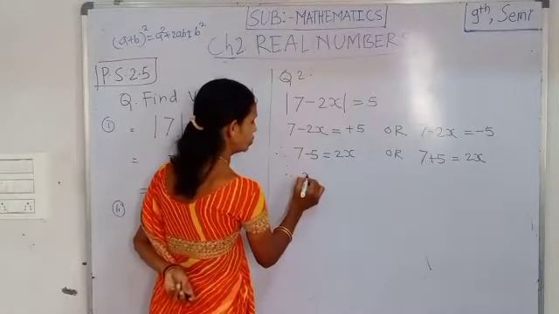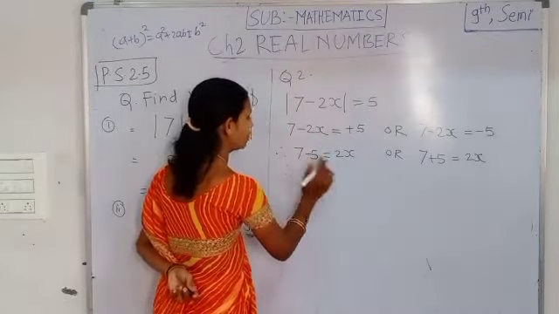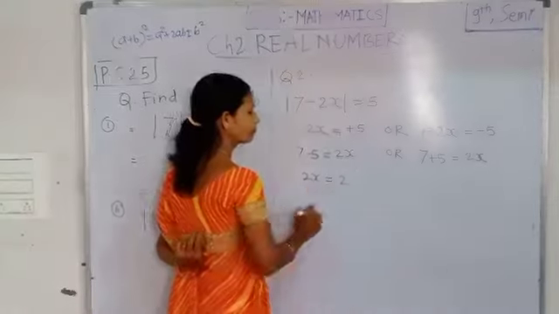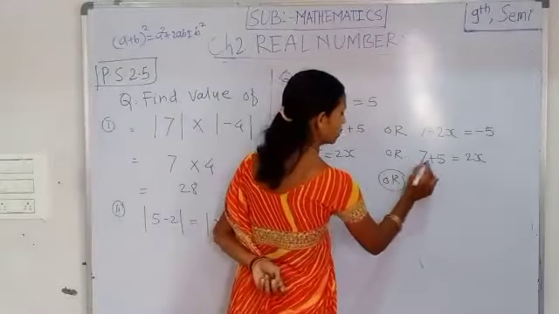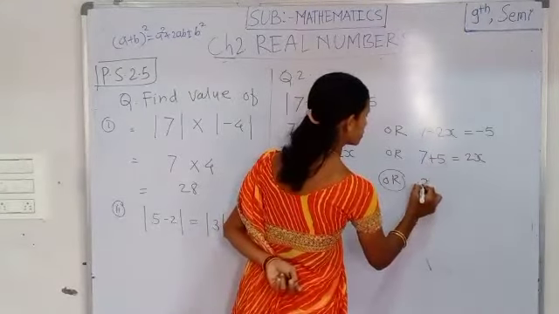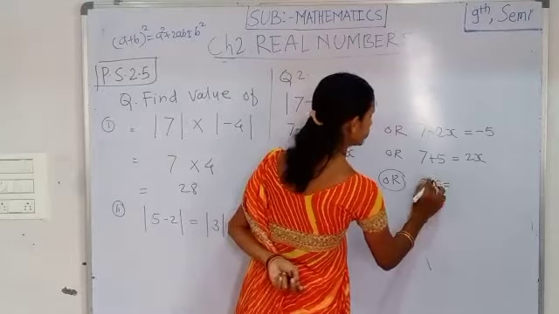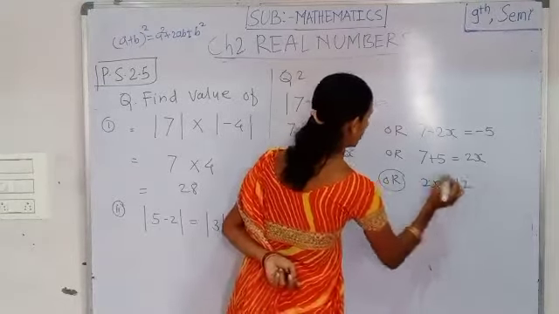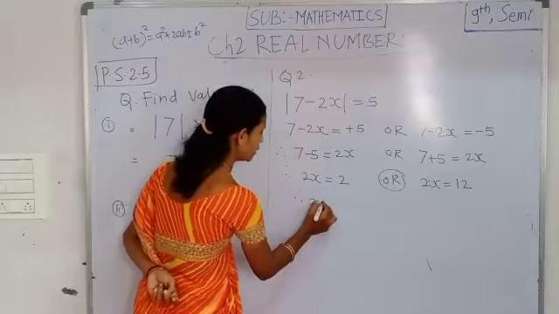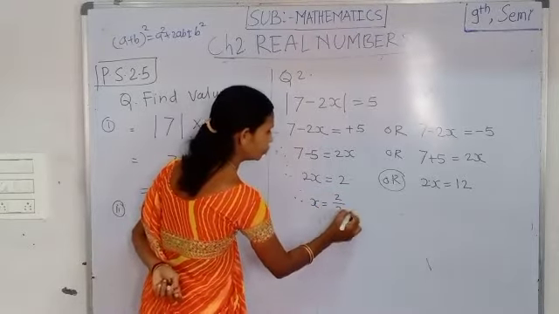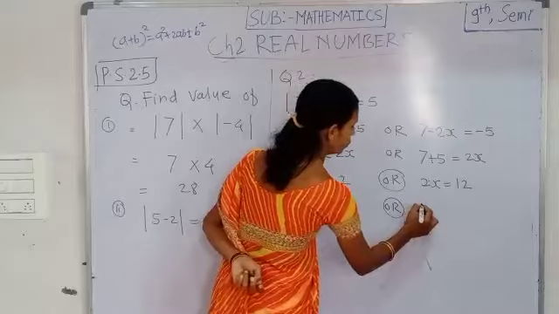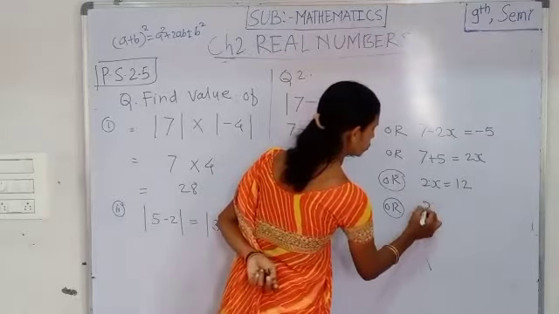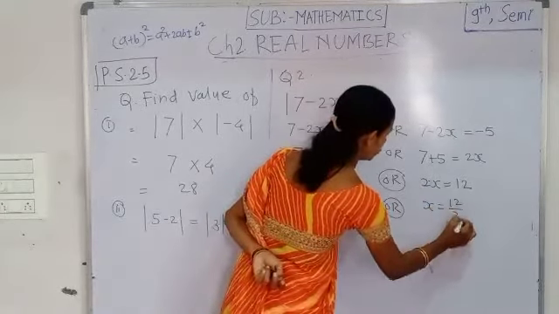Therefore, 2x is equal to 7 minus 5, that is 2, or 2x is equal to 7 plus 5, that is 12. Therefore, we get x is equal to 2 upon 2, or x is equal to 12 upon 2.